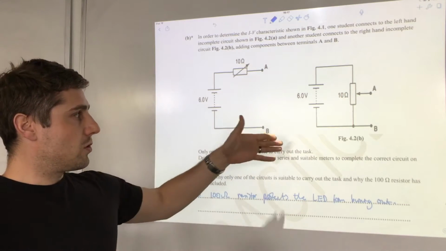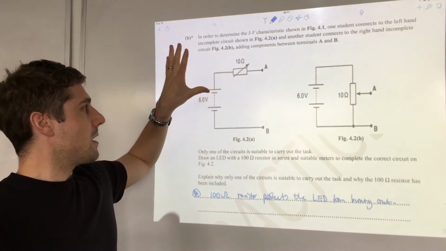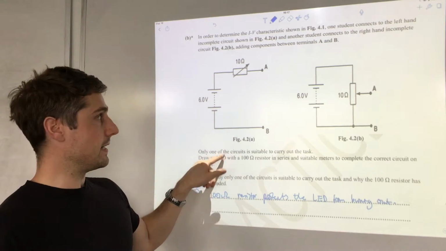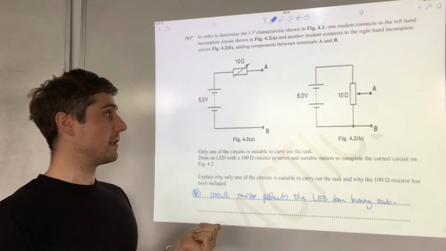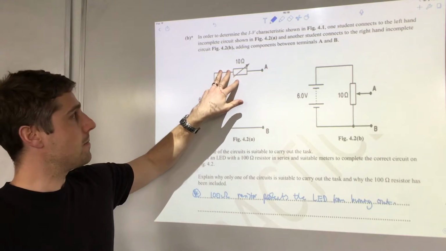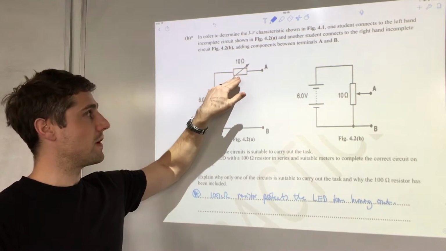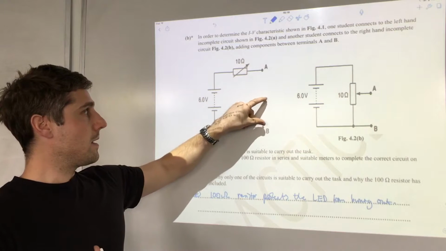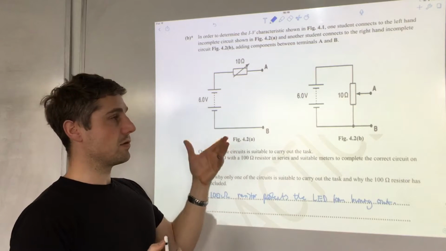So let's think about which circuit we should use. With this one, if we put our 100 ohm resistor in series with our LED between here and then put the suitable meters in, which are obviously going to be an ammeter and a voltmeter, then the possible resistance change we can get here would be from taking this 10 ohm resistor down to 0, the variable resistor, meaning we've still got 100 ohms in series with our LED, and then taking it up to 10 ohms, giving us 110 ohms in series with our LED.